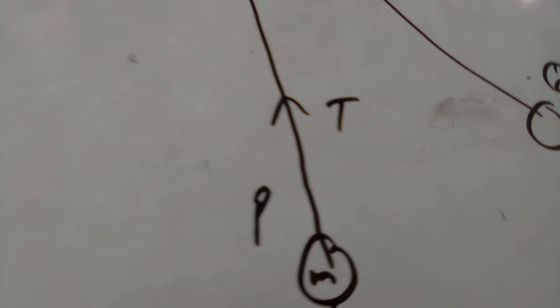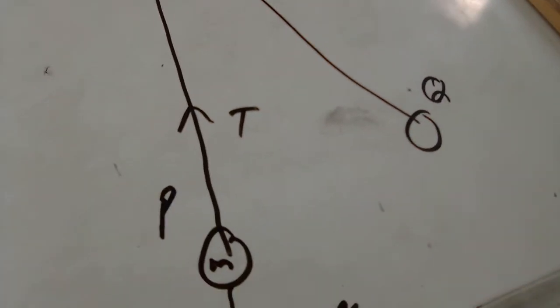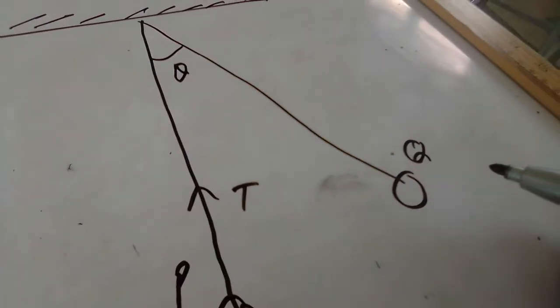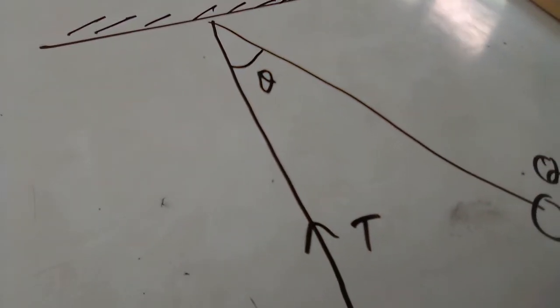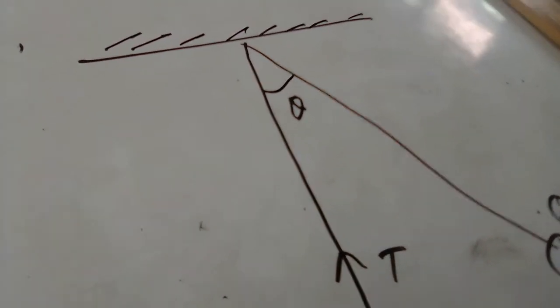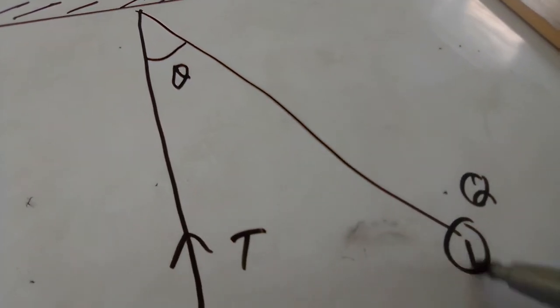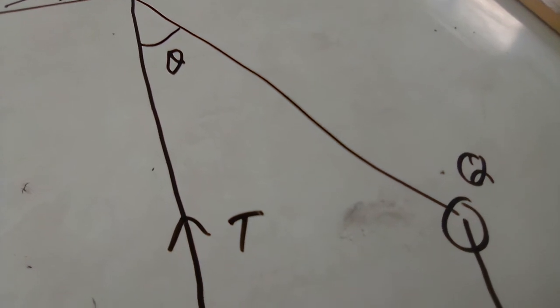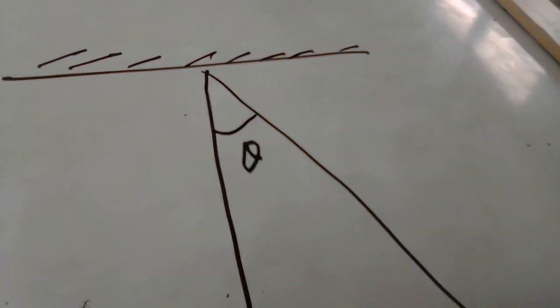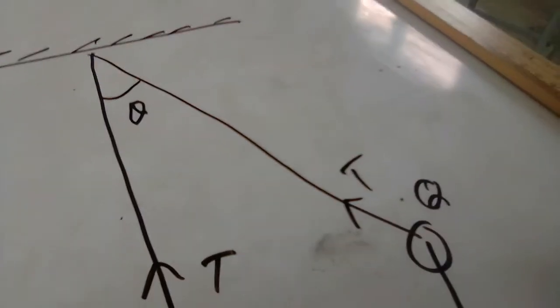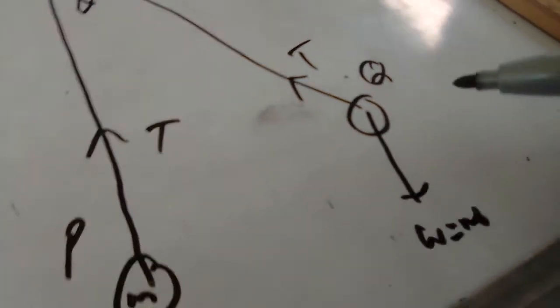At this point Q, the weight force can be resolved into two rectangular components. The weight W is equal to mg acting downward, and tension is acting along the string. Now this force can be resolved into two components.